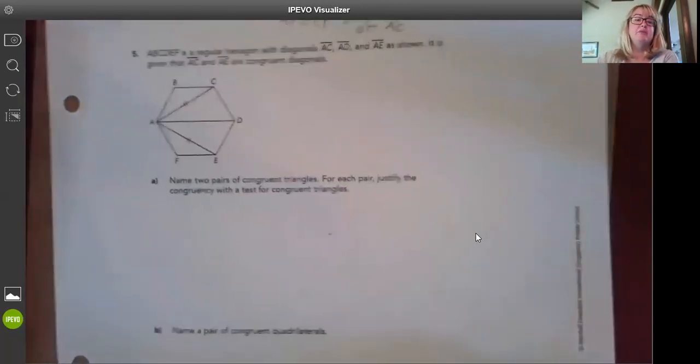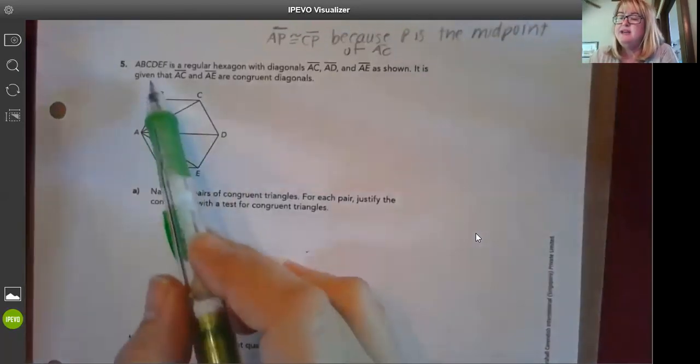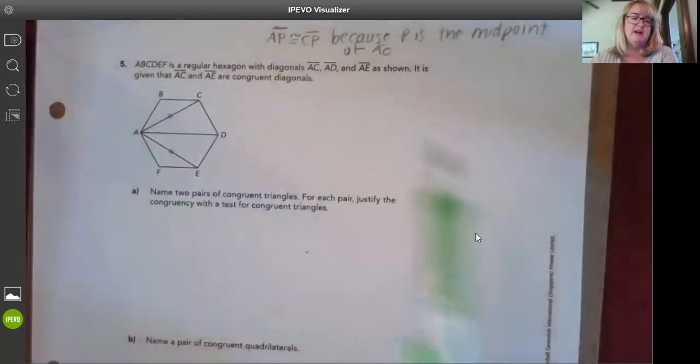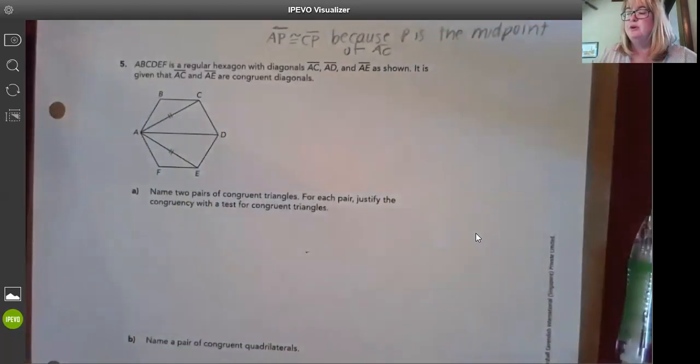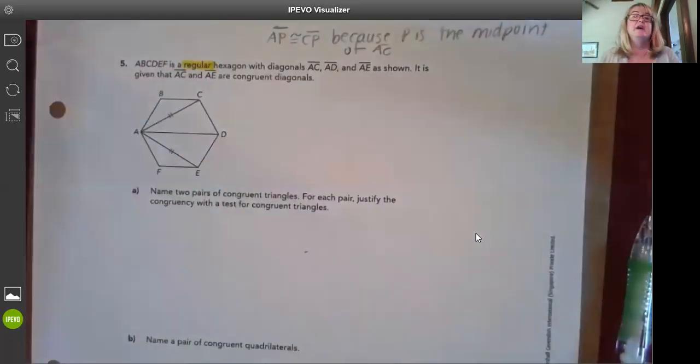All right, number 5. I'm going to get you started, but I want you to finish on your own. ABCDEF is a regular hexagon. Now, this word regular is very important. Any figure that is regular, a regular hexagon, a regular pentagon, a regular octagon, is kind of like a square, where all the sides are the same length.